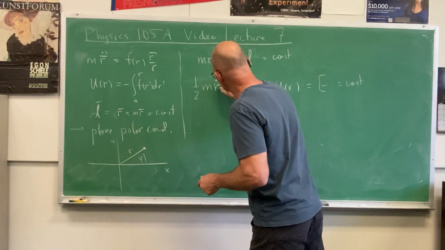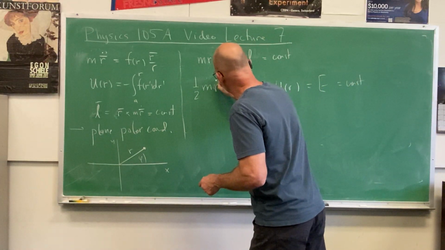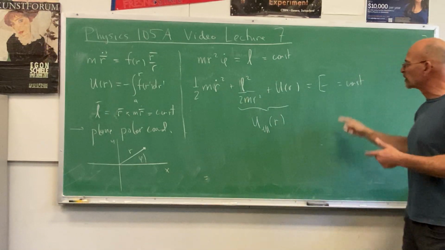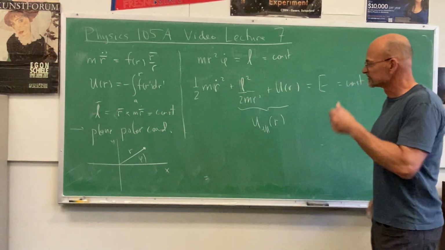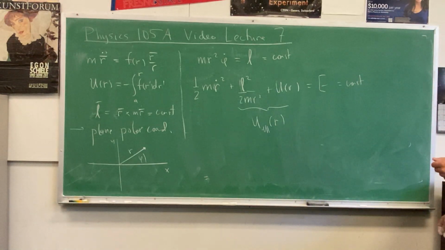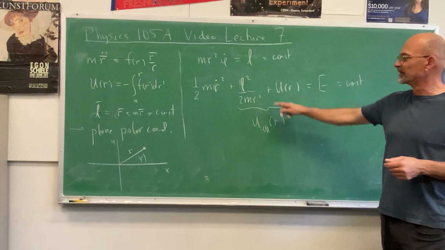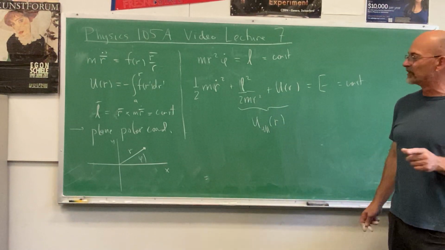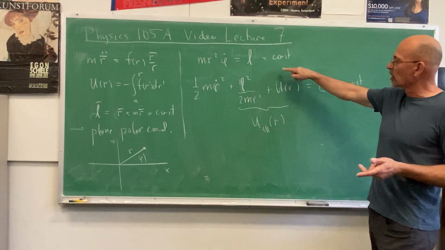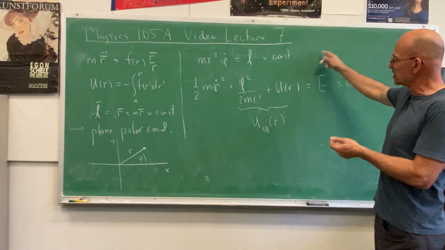Effectively, this is a one-dimensional problem, and if you can solve it, then you can go up into this expression and get your second dimension. Good, so that's how far we've gotten. We even have done a little bit of work on this. And before we get to the Kepler problem proper, we're still going to work with this in its general sense.